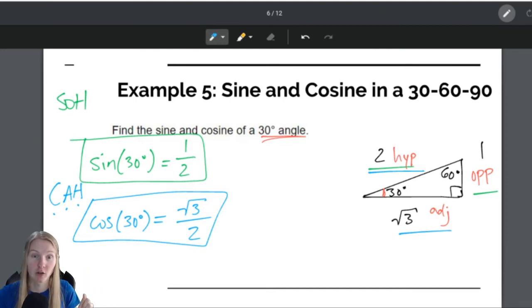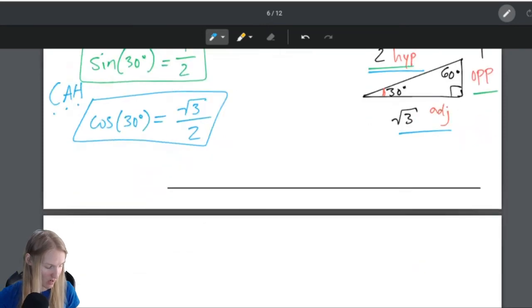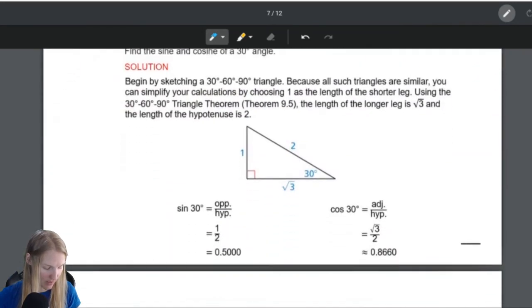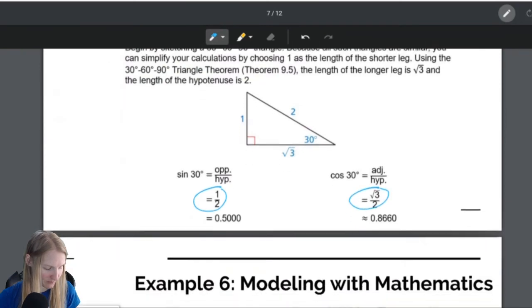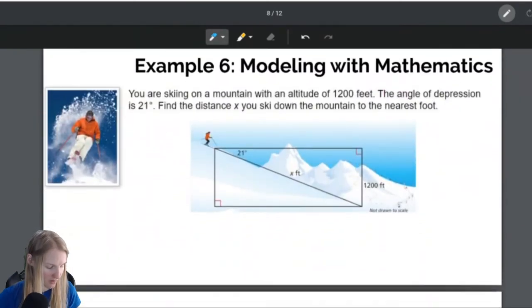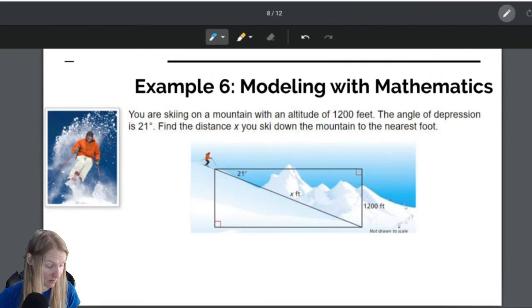So that still follows that rule. This does not. So these shouldn't be the same, and we did it right. And we can check, make sure that we got it right. Look at that. Beautiful.